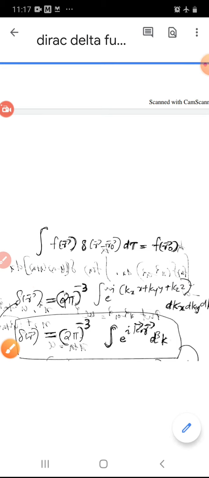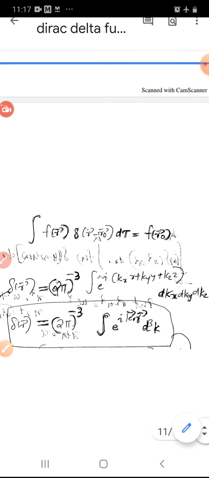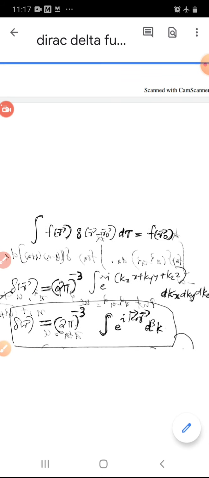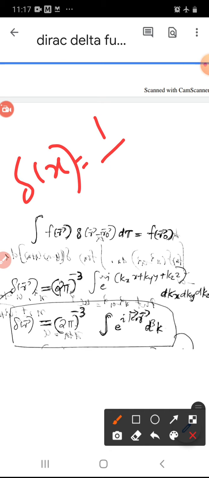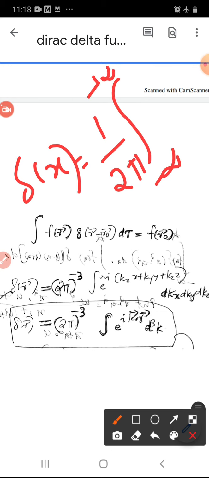Another interesting thing is that we had given a representation of delta x. Delta x we know is 1 by 2 pi times the integral from minus infinity to plus infinity of exponential i k x dk.